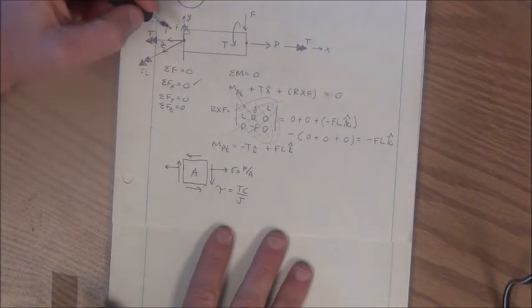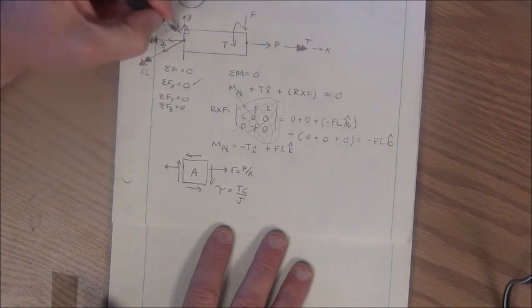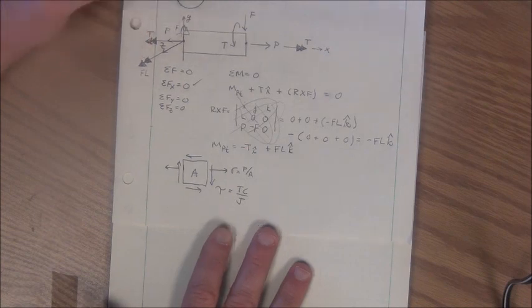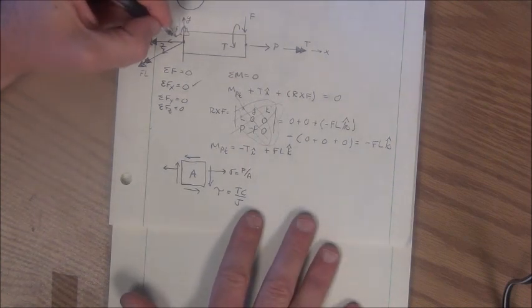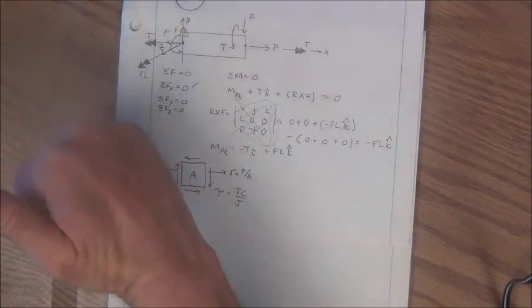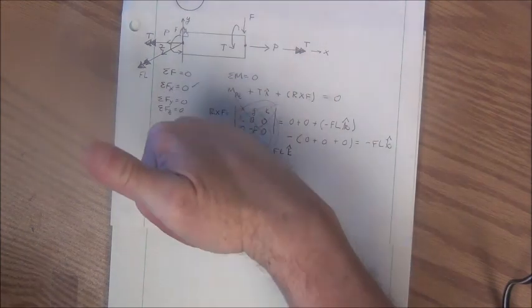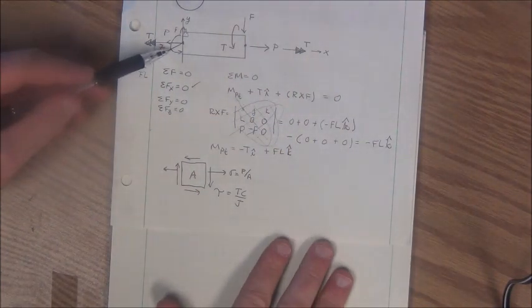And so if I draw this reaction a little more carefully and draw it in terms of a circular vector on the cut face, this moment will be coming out of the top and into the bottom. So that vector, my FL reaction, is coming out of the top and into the bottom.